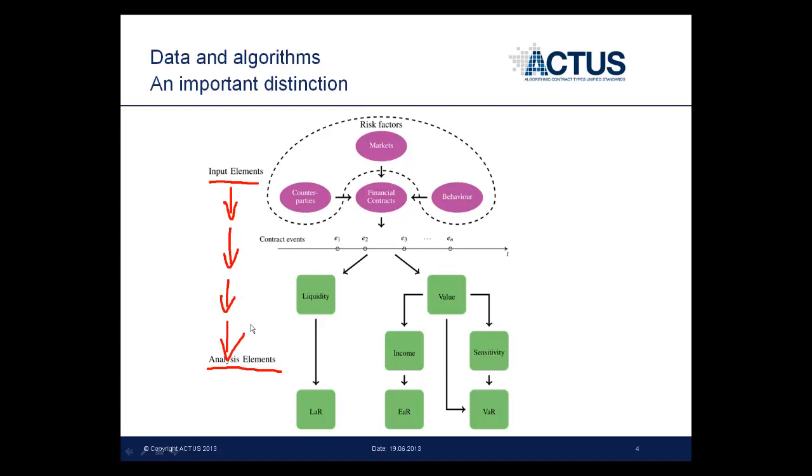And these steps are algorithms. Because the way from a given state of the risk factors and definition of the contract to the final analysis elements is deterministic, the main task of ACTUS is to describe and program all these algorithms serving two purposes.